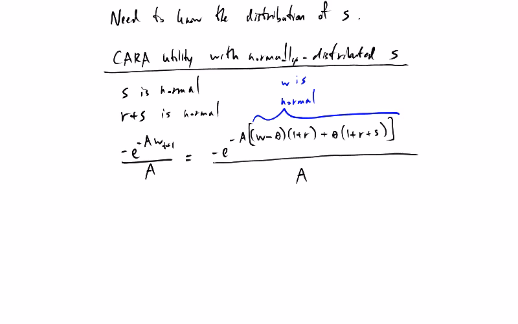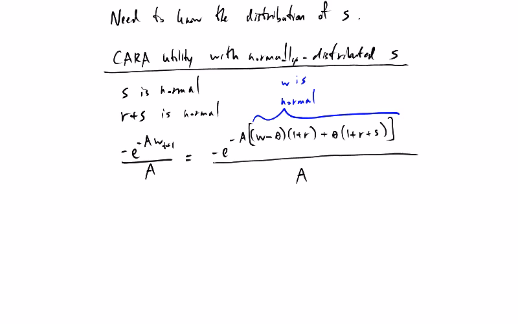And then wealth is inside an exponential function. And what does that give you? Well, this is it. When you have an exponential function enclosing a normal distribution, the resulting number is log normally distributed.